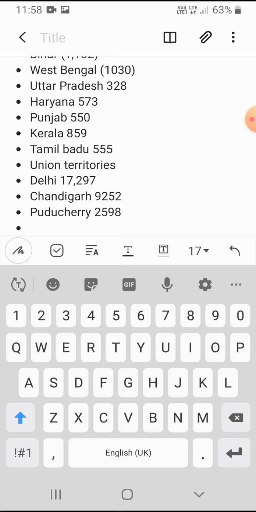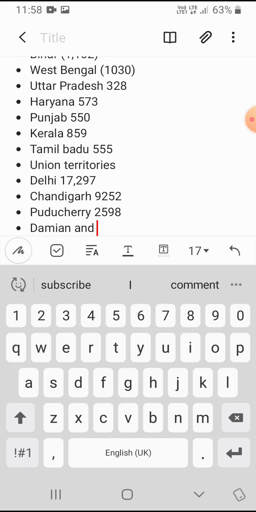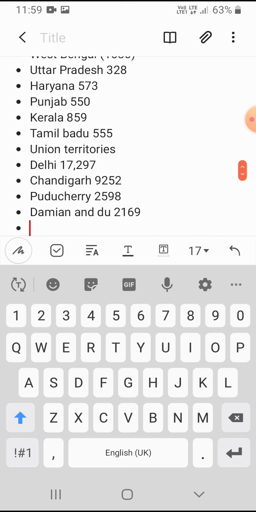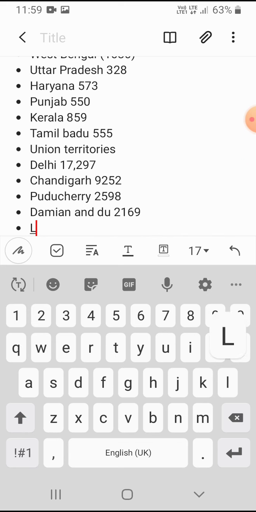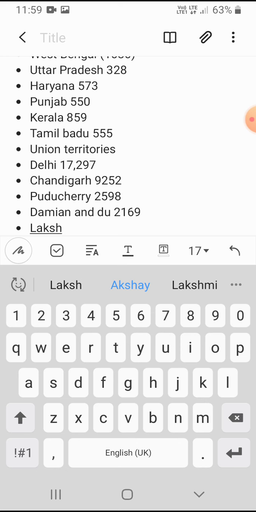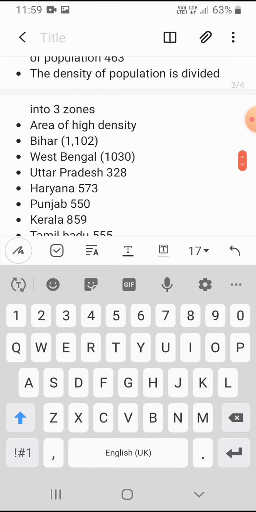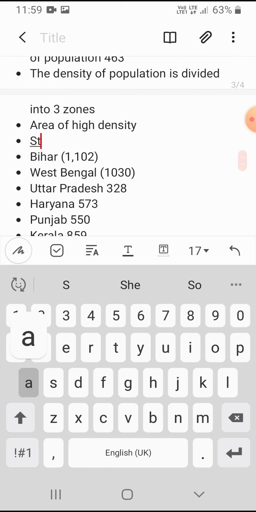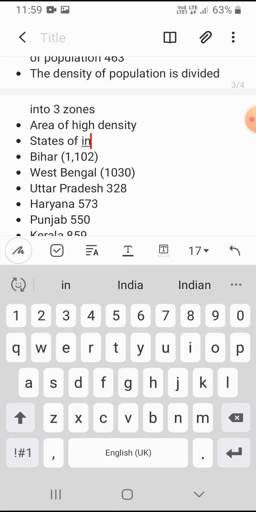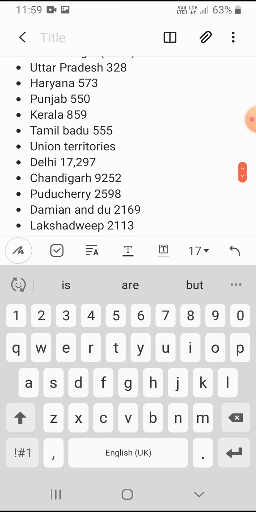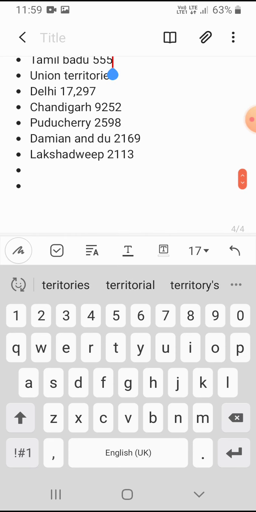Next is Daman and Diu, 2,169. And last is Lakshadweep, 2,113. So these are the areas of highest density: these are the states of India with highest density, and these are the union territories with highest density.